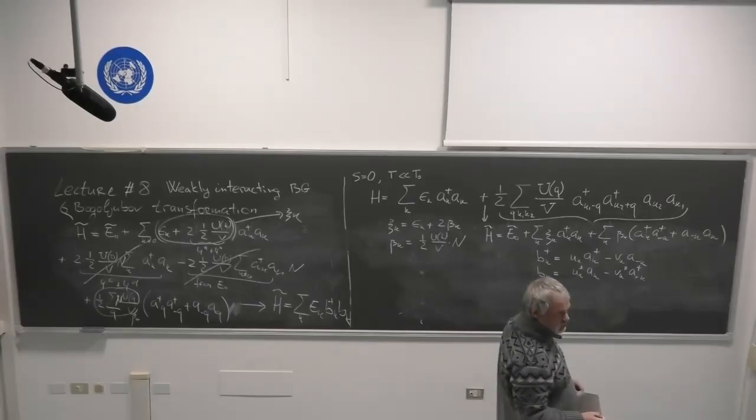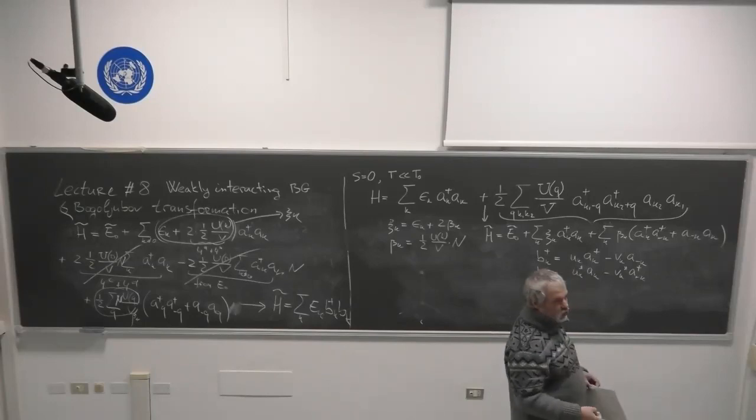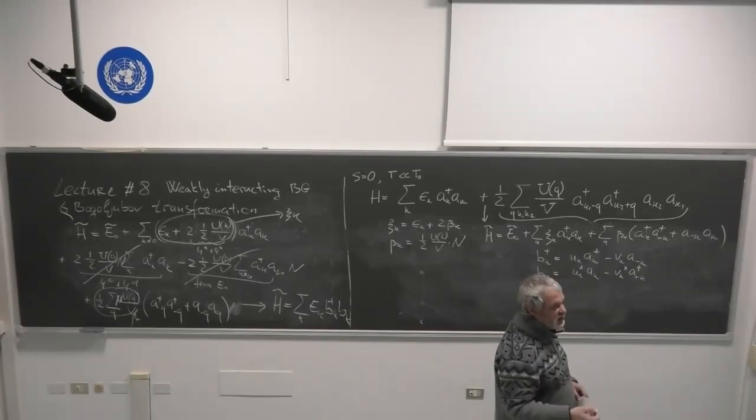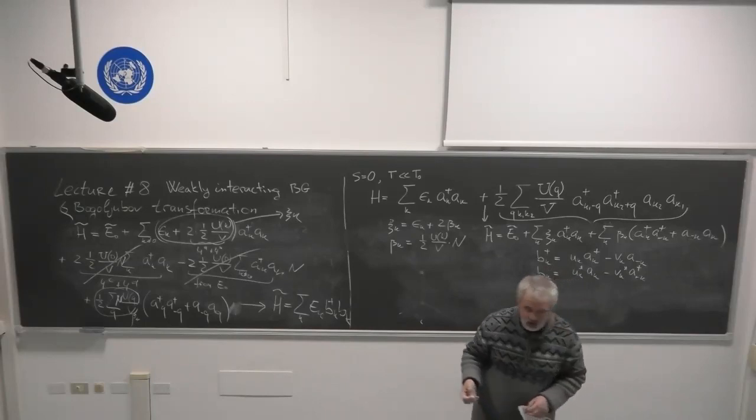Excuse me, sir. Yes, at one point you used the index to be k and at another point to be q. It doesn't matter. When I'm taking summation or integration, this is a variable of integration. I can give any name to it: k, p, q, whatever letter you like.